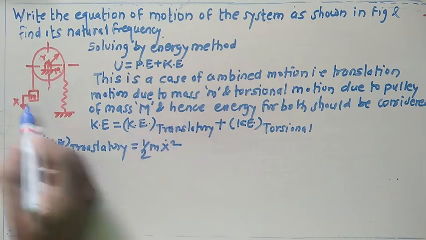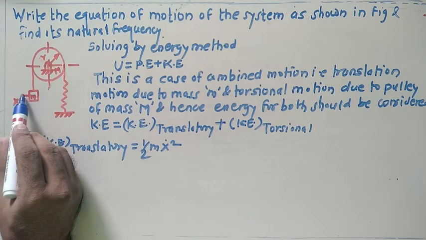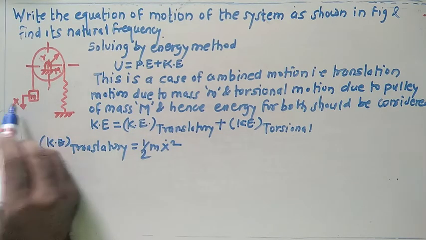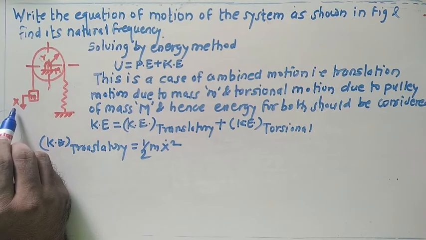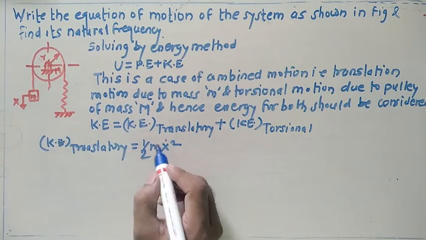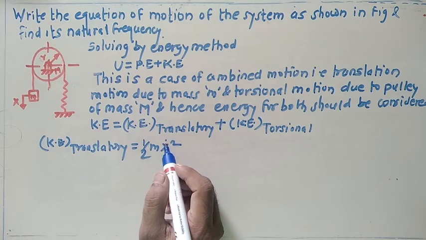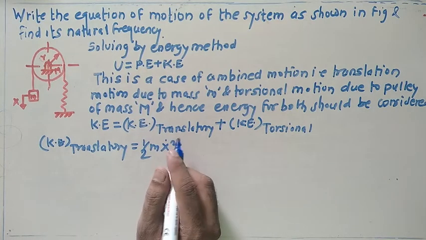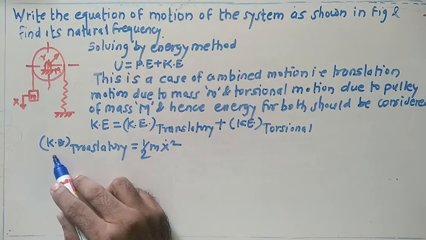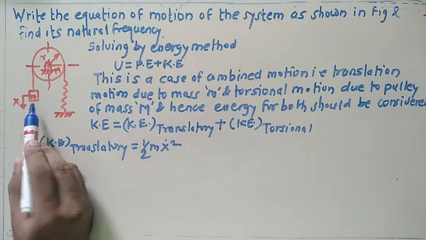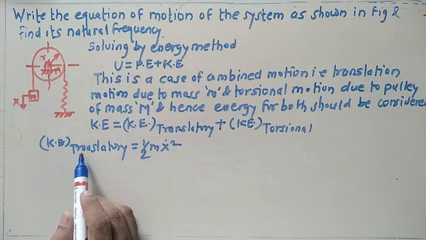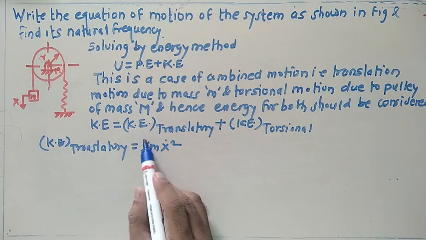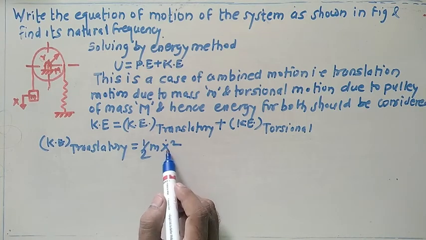If I pull this mass in the downward direction, the displacement occurs by distance x, and x dot indicates its velocity. So the kinetic energy possessed by this mass because of its linear motion is 1/2 m x dot square.